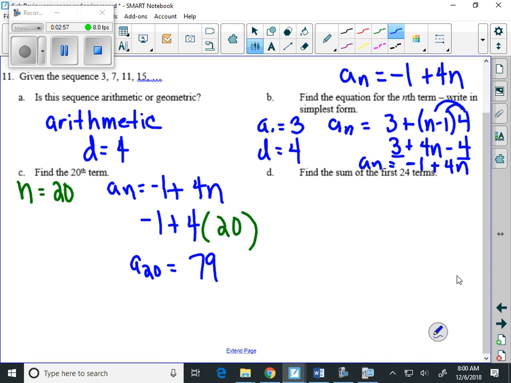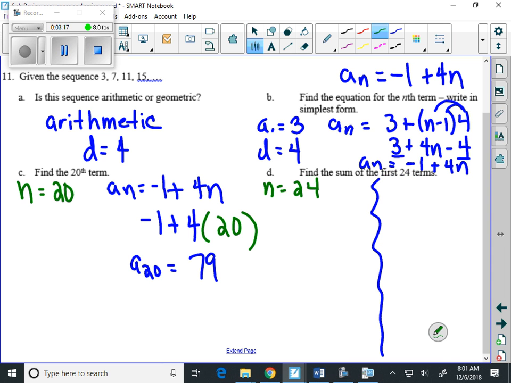And finally, what we need to do is figure out the sum of the first 24 terms. And really sorry, because I think it's going to be a tight squeeze on your paper. But I'll try to divide it up, and that's something you can do on your paper as well. This time, we know that n equals 24.